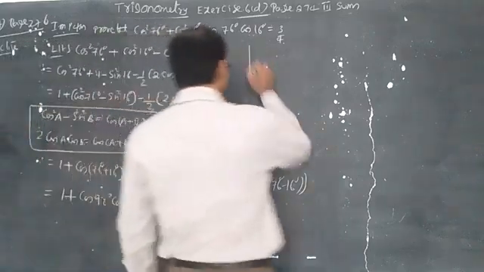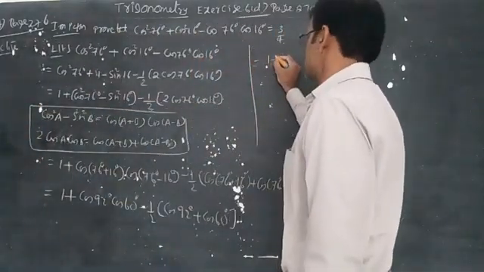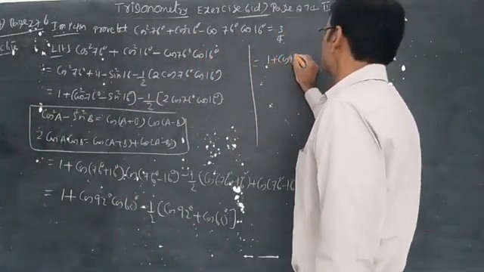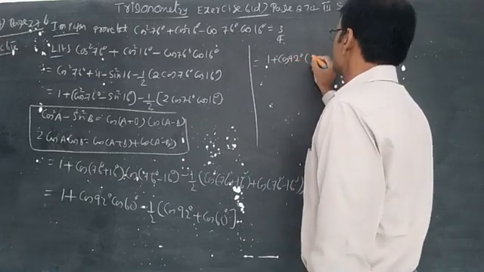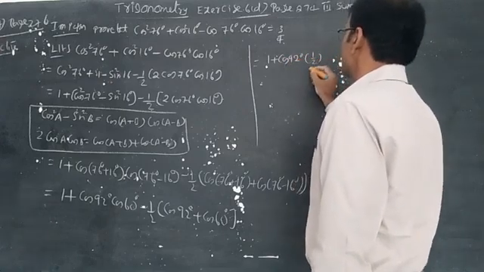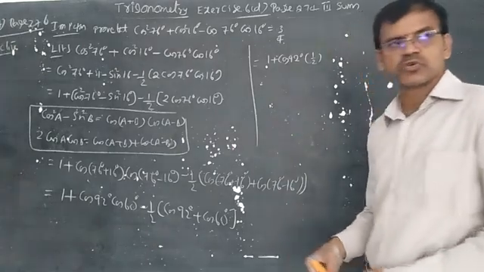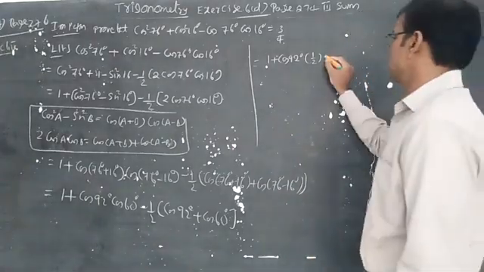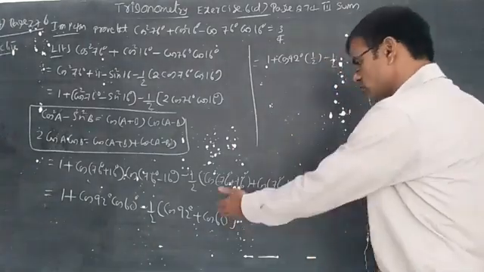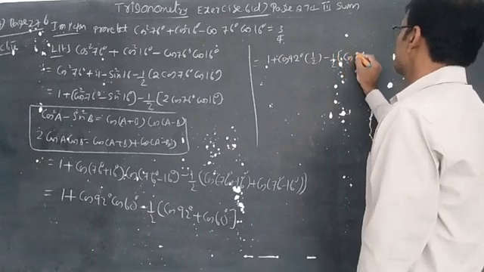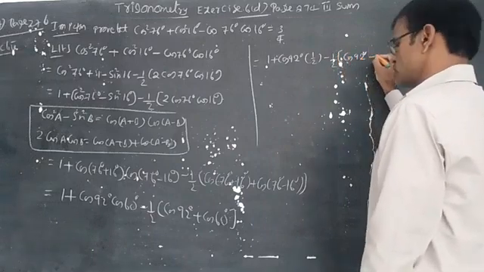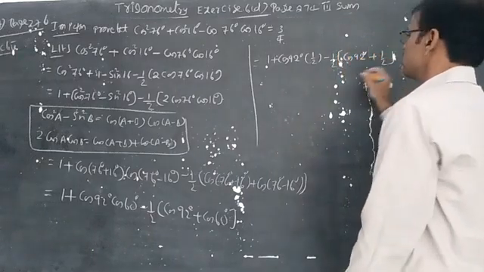That is equal to 1 plus cos 92 degrees into cos 60 value 1 by 2, minus 1 by 2 into cos 92 plus 1 by 2.